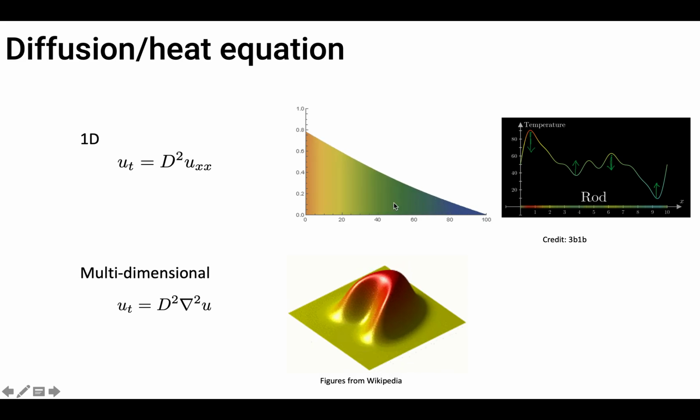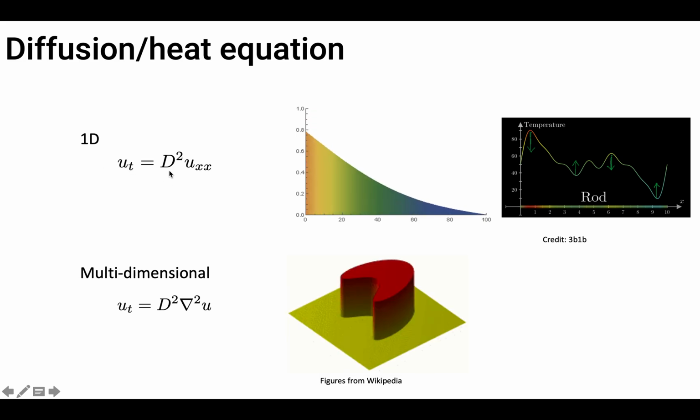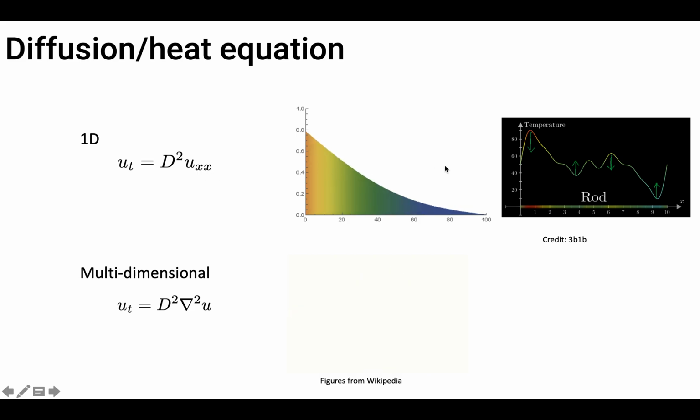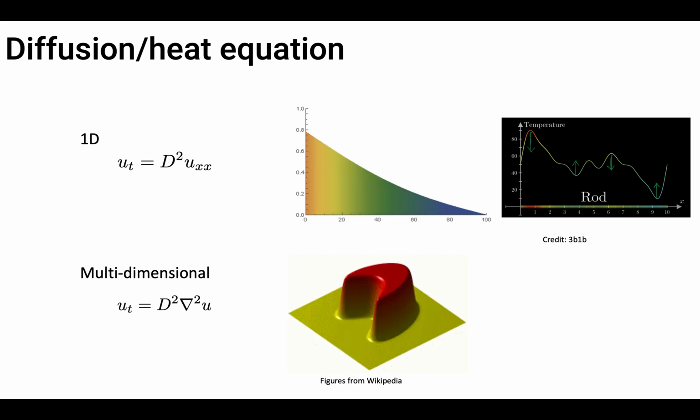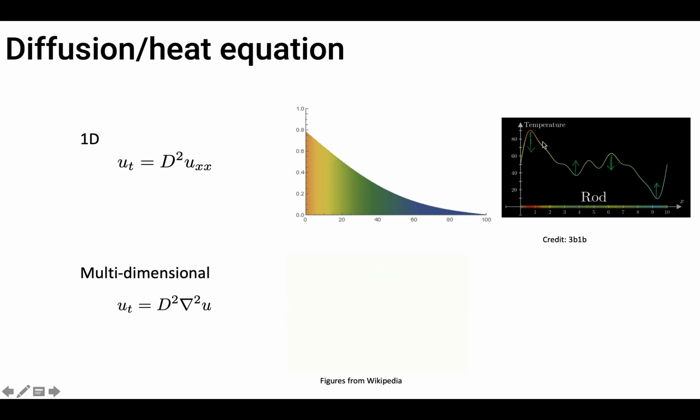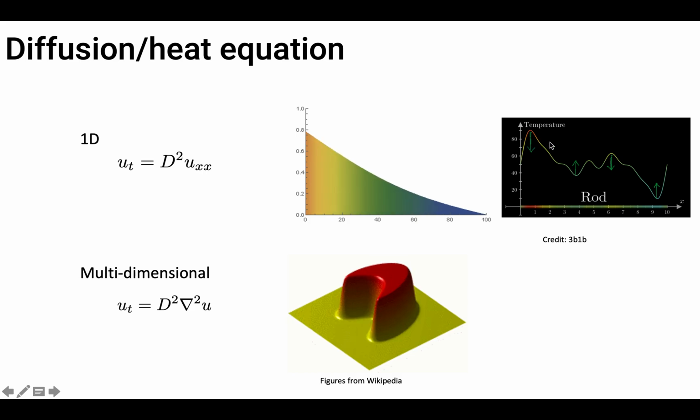At a high level, the heat equation is saying that the rate of change of temperature is proportional to the curvature of the temperature function. The curvature of a function is the second derivative of the function, right? So intuitively, the curvature describes the difference of nearby temperatures at each location.